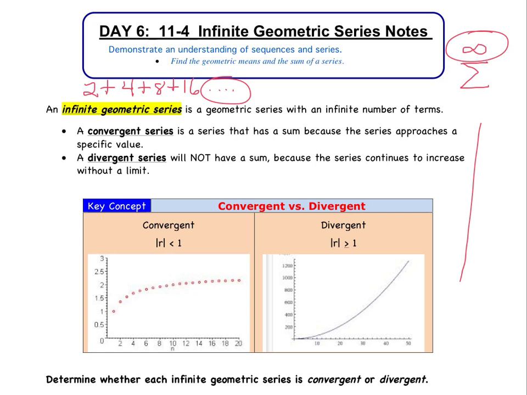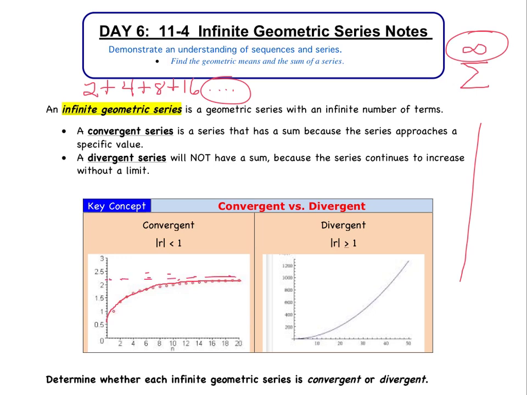A convergent series is a series that has a sum because it is approaching a specific value. If you see in this chart, we have a starting value, but it is slowly increasing, and then it's basically approaching a particular value. In this case, it might be like 2 1/4.